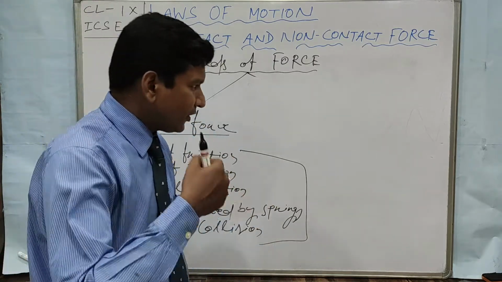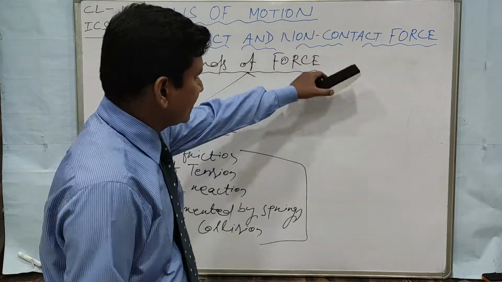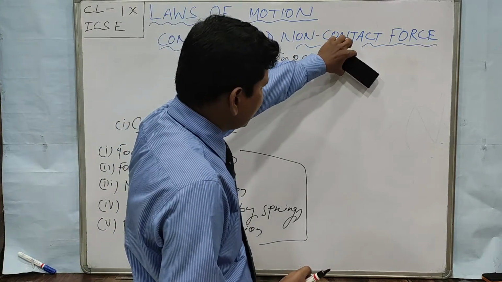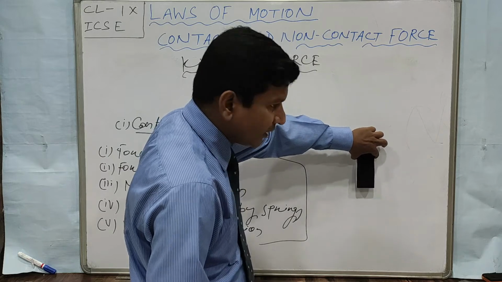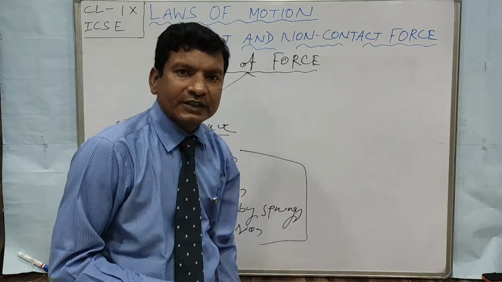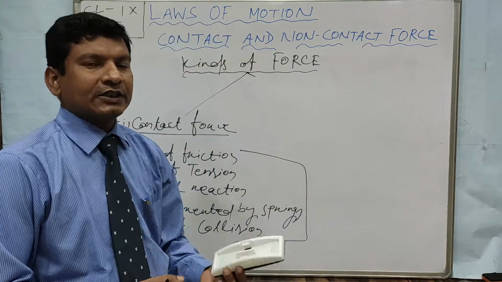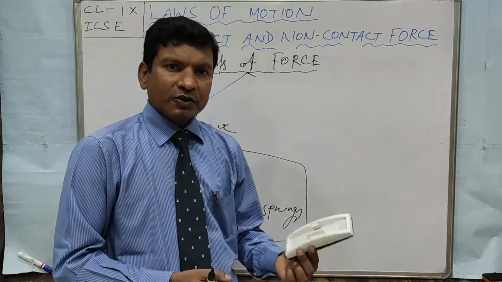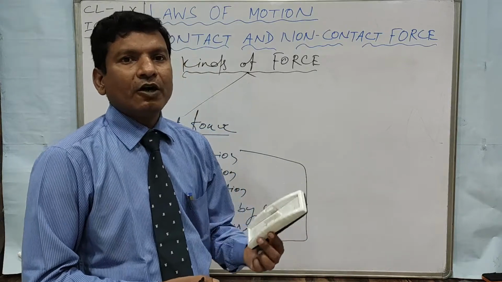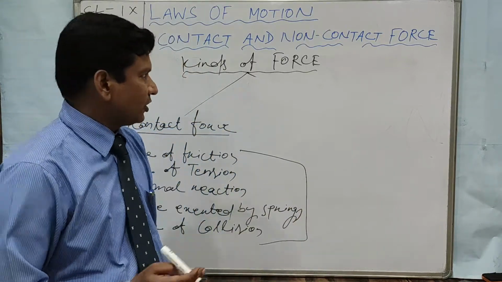Suppose this is the table, this duster is moving now, see over there. Now one force acts onto the duster, that is your force of friction, in the opposite direction of the motion of the body. So always remember that the force of friction acts in the opposite direction of the motion of the body.